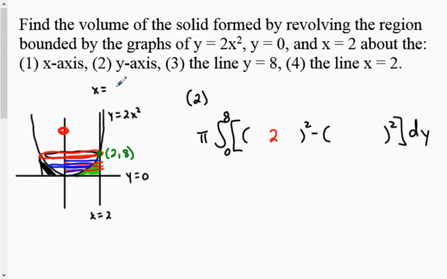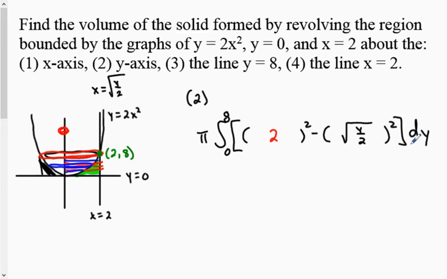I'm going to divide by 2, so I'll get x squared is y over 2. Then to get rid of squaring it, I'll take the square root. So x is going to be the square root of y over 2. That's going to be the length of the radii of these smaller circles, or these blue lines. So I'm going to do the square root of y over 2, squared.